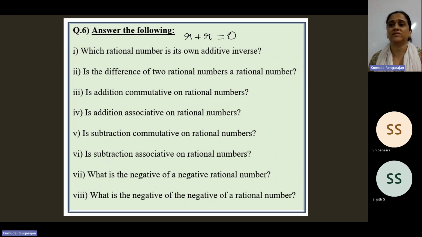Then it is 0 only. 0 plus 0 only is 0. Yeah, I got it. Your answer is right. Additive inverse means rational number plus rational number is equal to 0. So 0 plus 0 is only 0. So 0 is the rational number which is its own additive inverse.